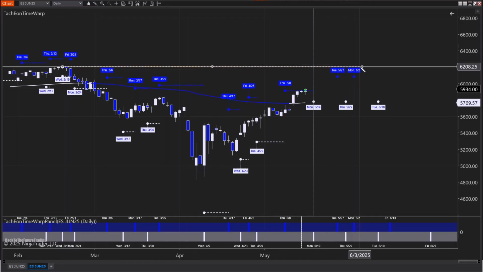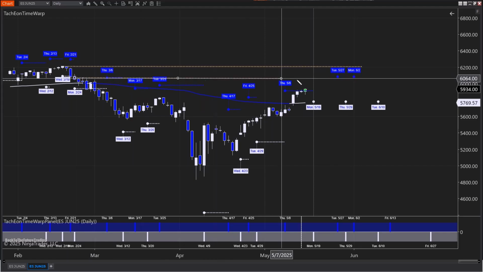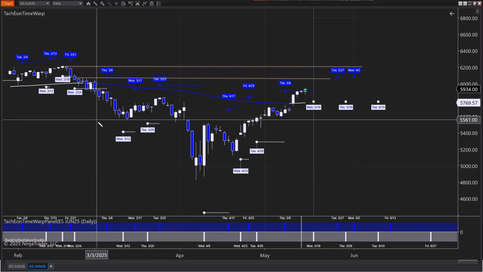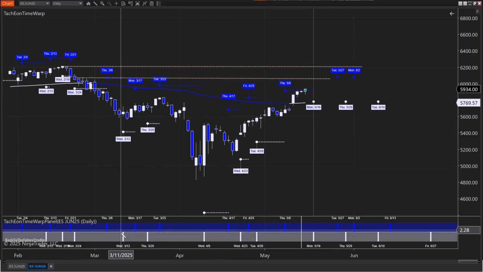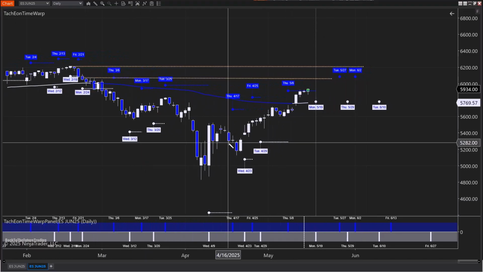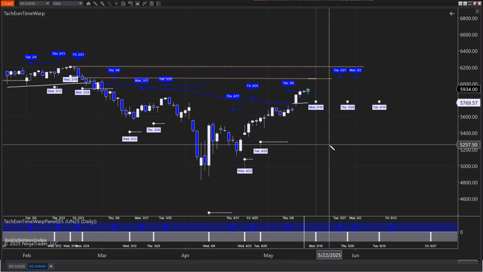You can see there's a good shot for that one. There's some resistance right here. 1, 2, 3. We're past all the other swing highs for the most part. Yeah, so there's a very good chance that we are at 60, 61 by May 19th.